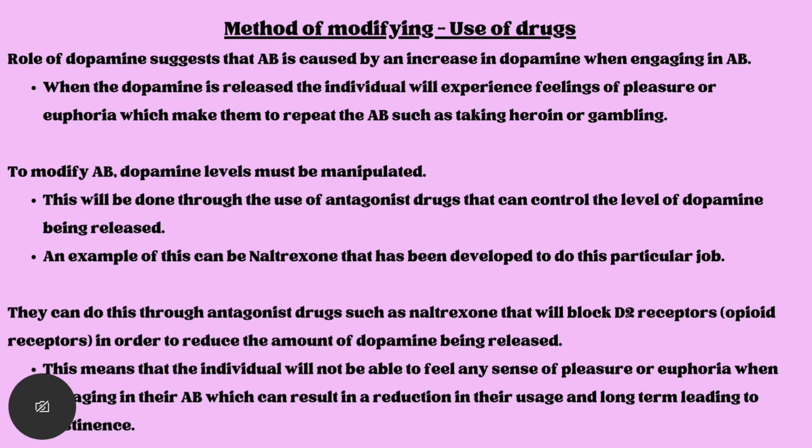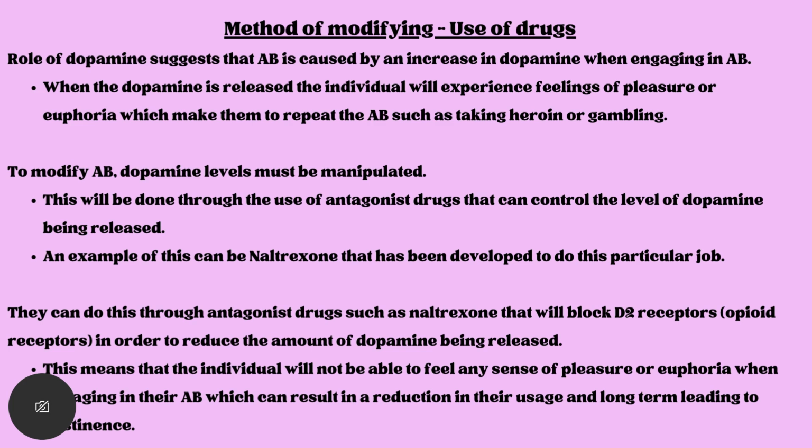So it'll stop us feeling any sense of pleasure or euphoria when engaging. So if they don't feel this pleasure that they once felt when they started their addictive behaviour, it will reduce their usage and can help achieve abstinence. Obviously, they might experience the withdrawal symptoms, and through the other use of different drugs, that can help sort of calm down and stop the feelings to help them achieve abstinence further.